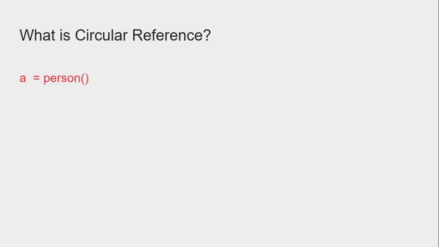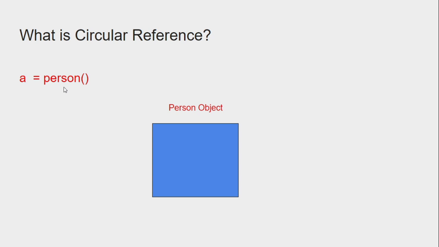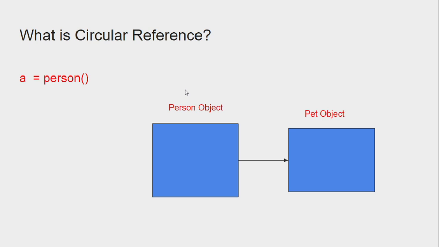Say you have a statement a equals Person(), creating a person object, and in the class Person we have an attribute pet. Each person object is going to reference a particular pet object as well.